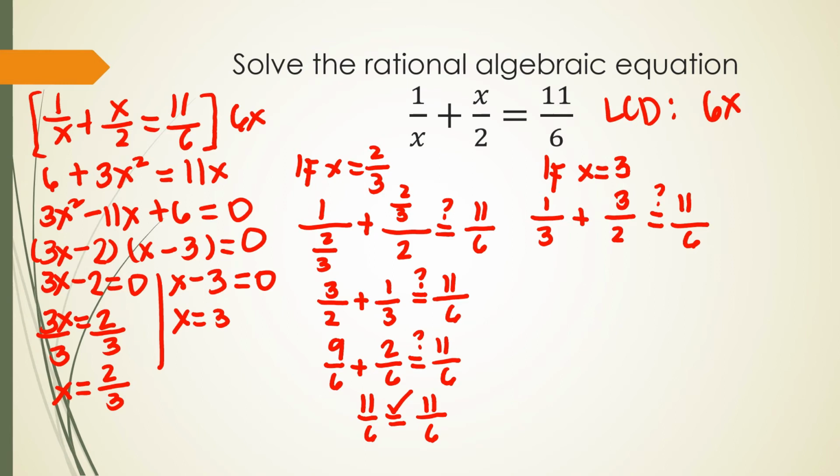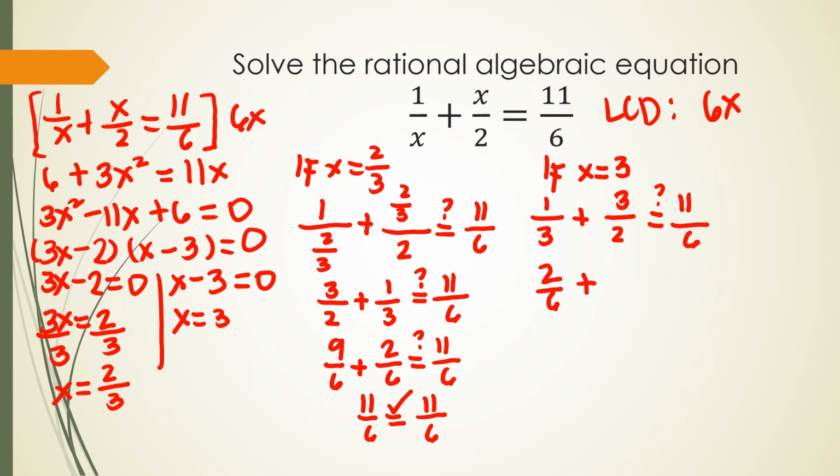So, 1/3 plus 3/2, again, because the denominators are different, we need to get the LCD. So, the LCD is 6. So, again, LCD divided by the denominator times the numerator. So, 1/3 becomes 2 over 6.